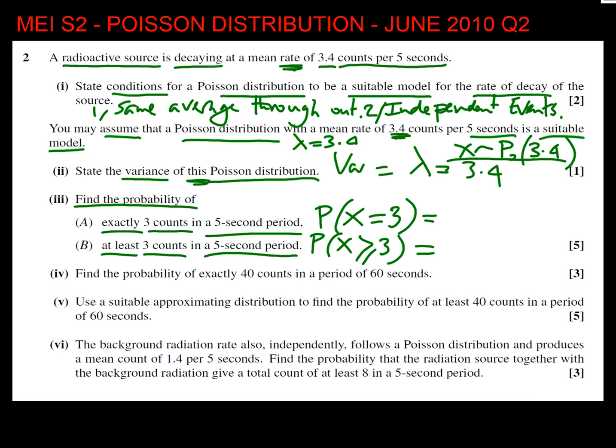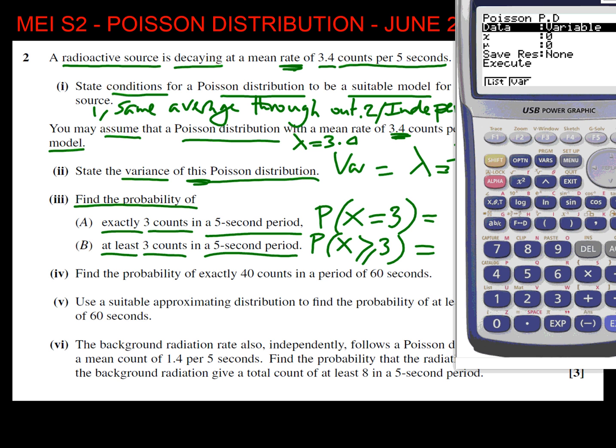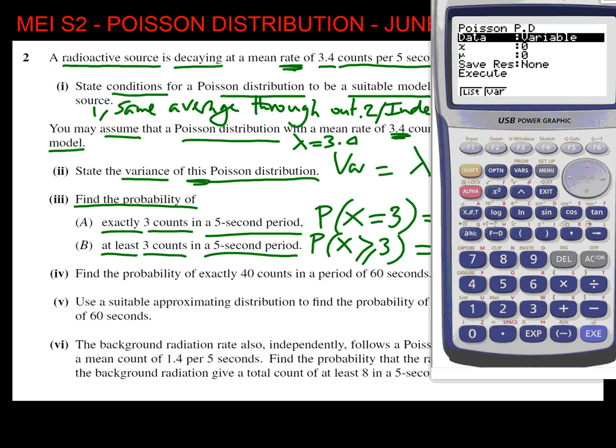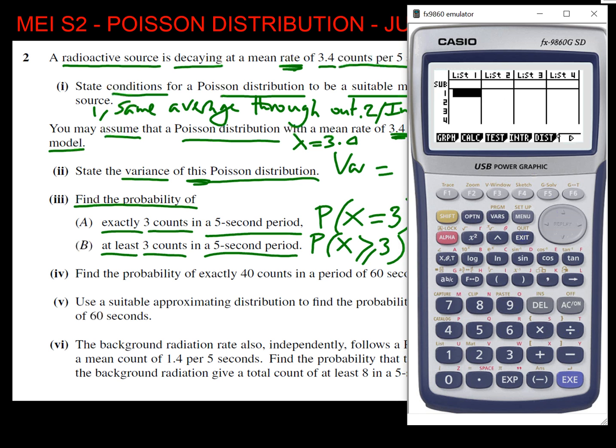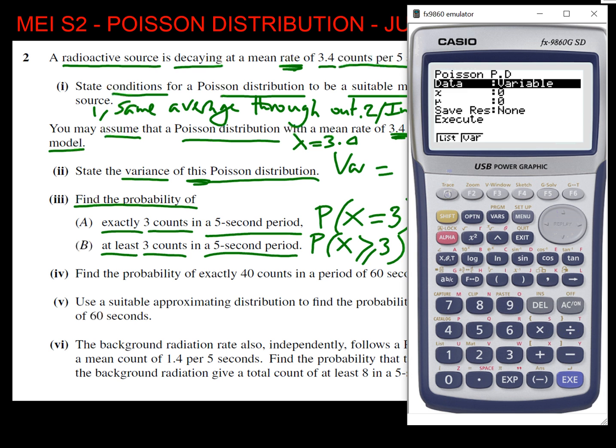Well, the first one's pretty straightforward. We can get our calculator out. Let's bring our calculator into the window. Here you go. So here's our Poisson, and for the first one we want a particular point because it says exactly. So we're going to go up and pick it up, distribution, right hand end, Poisson, and we want a point, the exact value. What have we got to enter in here?